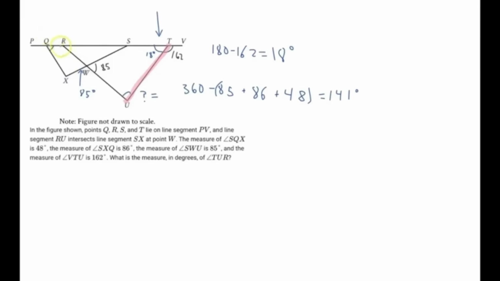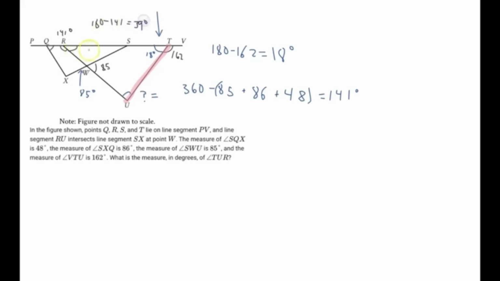So now we've found that this angle right here is 141 degrees, right? And again, we have two angles on a straight line. So that has to be equivalent to 180 degrees. So what is this angle right here? Well, that's just 180 minus 141. And 180 minus 141 is just 39 degrees.